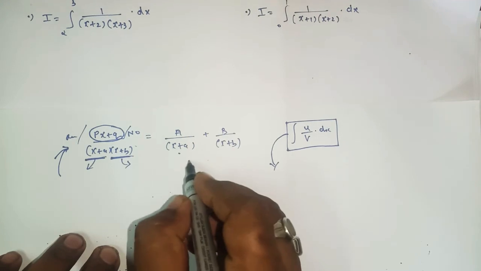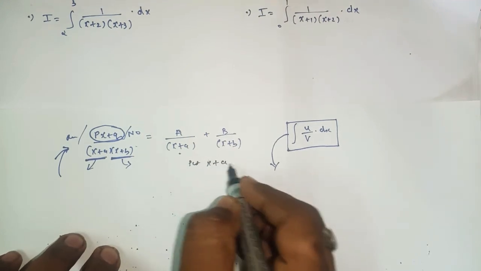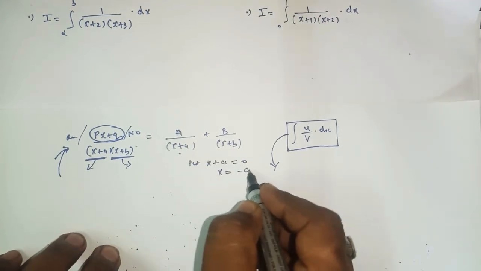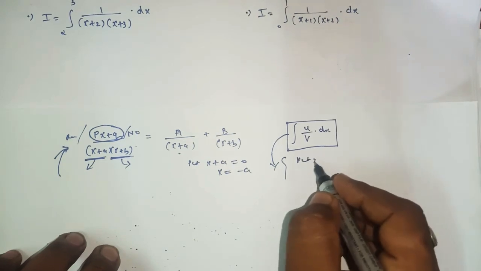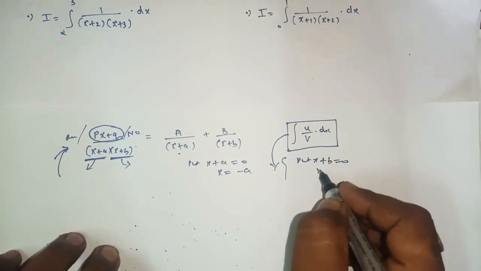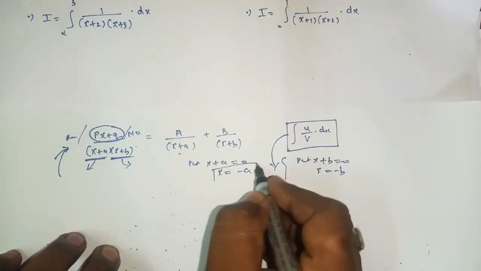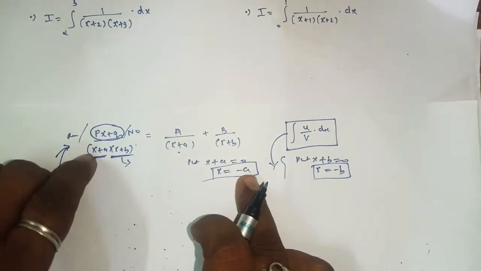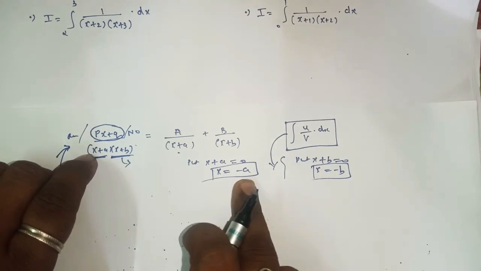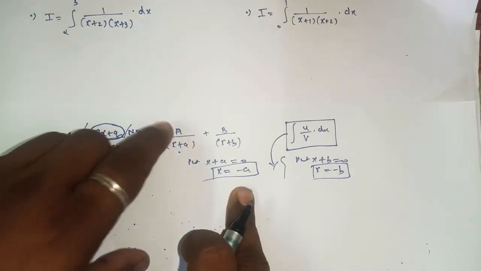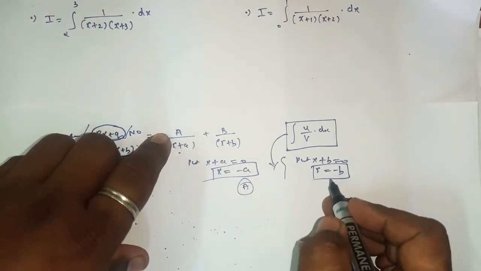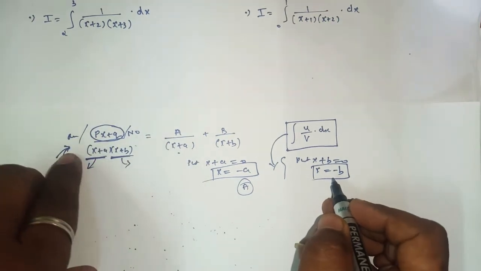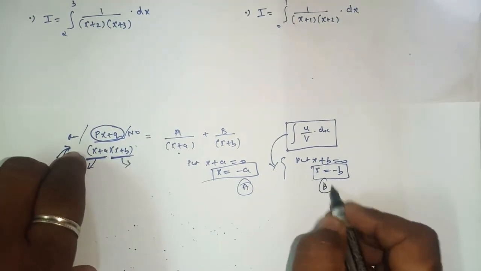Then you will put x plus a equals to 0, where you will get one value of x. Then you will put x plus b equals to 0, where you will get the second value of x. Simply you replace x by minus a, where you will get one answer, and then substitute x by minus b, where you will get the second answer.